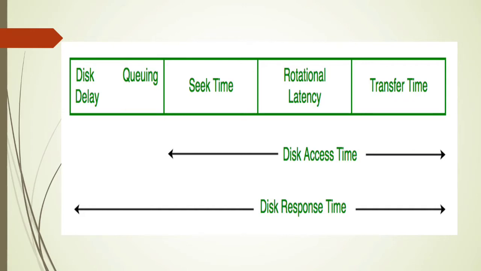Put together, the delay time for the particular request to be in the queue to get accessed, plus the seek time, plus the rotational time, that is the waiting time, and the time taken to transfer the data from the sector to the user, totally forms the disk response time.